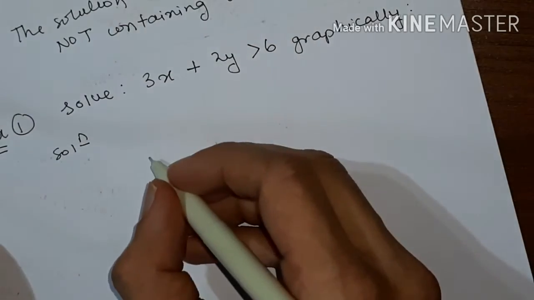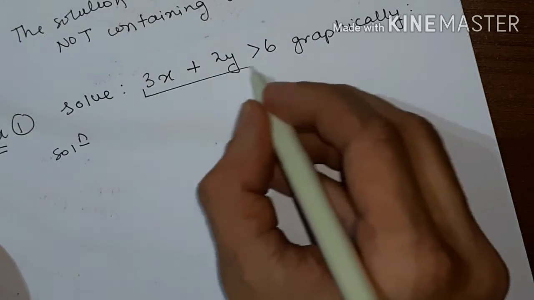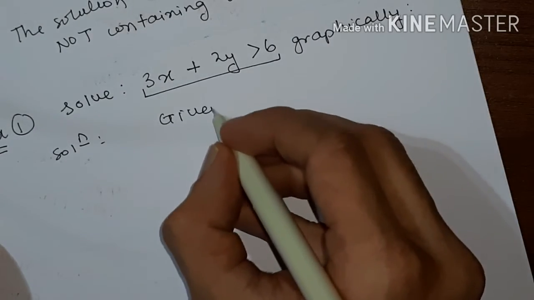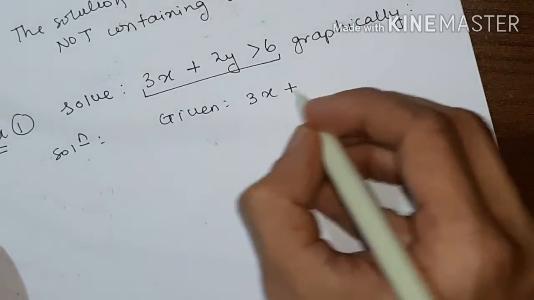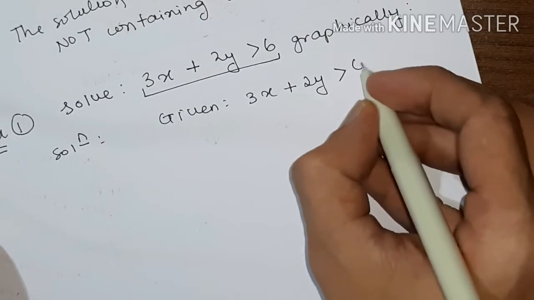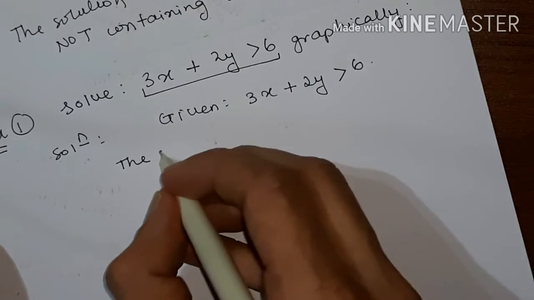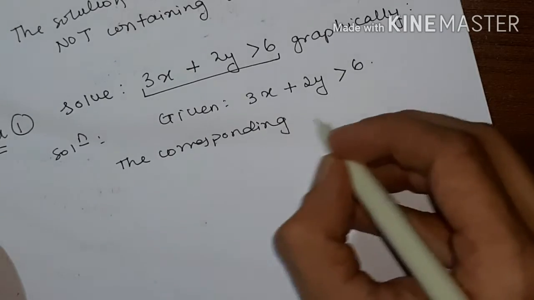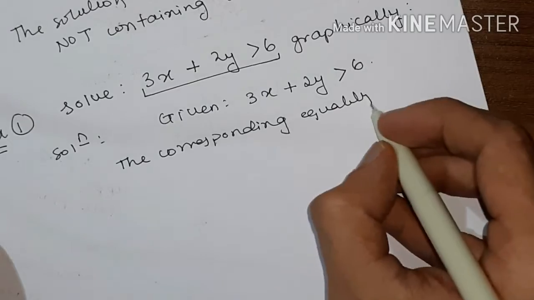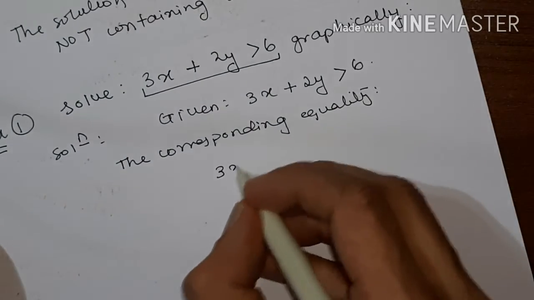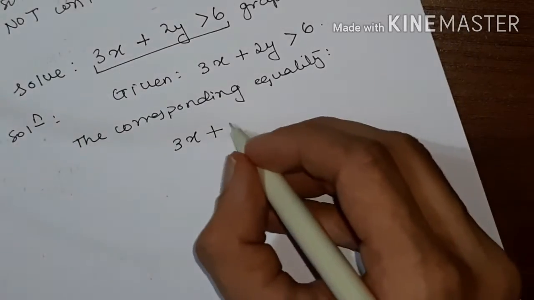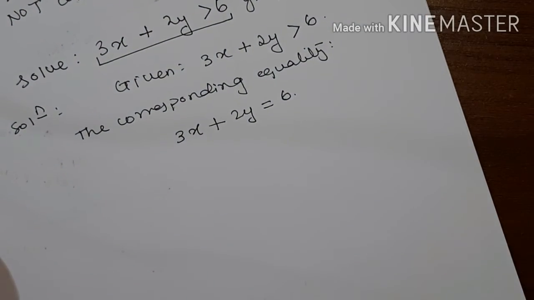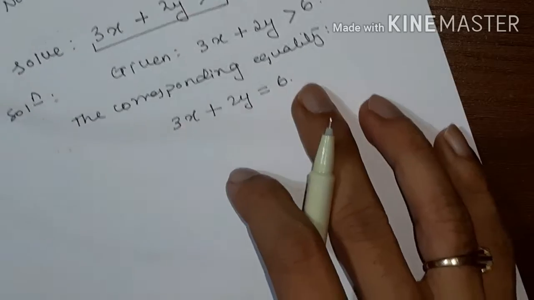You take the line which corresponds to this inequality, right? So given is 3x plus 2y greater than 6, so the corresponding equality will be what? 3x plus 2y equal to 6, right? So this is the line which you get.